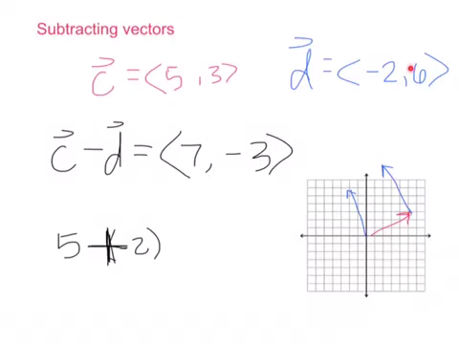So we can think of the opposite of D as being the opposite of negative 2 and the opposite of 6. So instead of going that direction, we're going to go the exact opposite direction. So we're going to go out 2 in the horizontal and down 6. Let's see, 1, 2, 3, 4, 5, 6. That'd be right there.